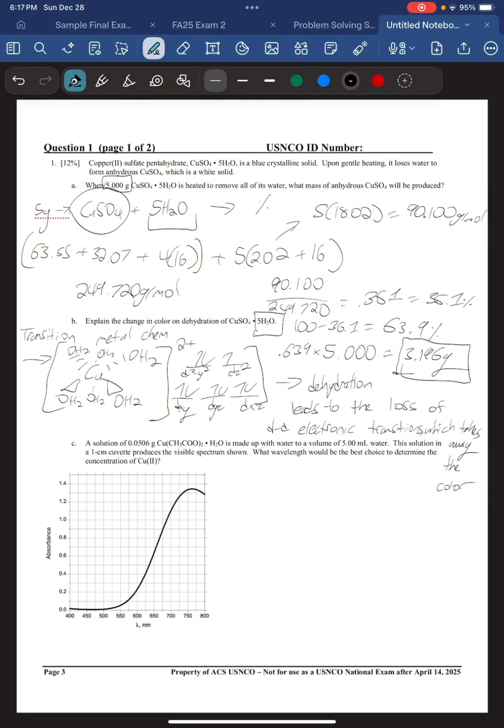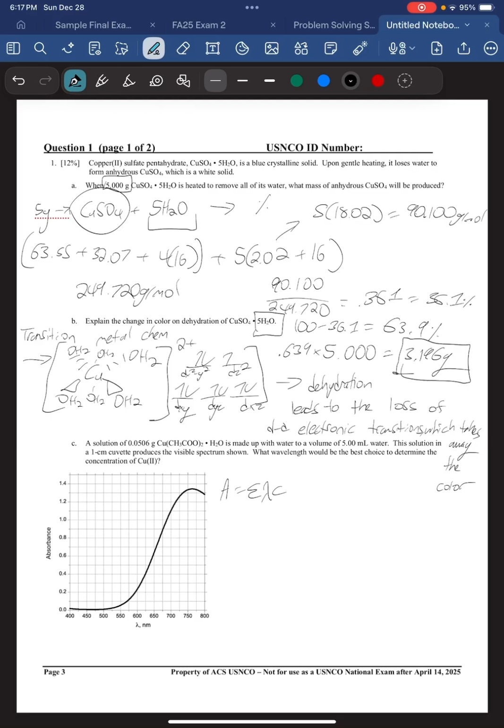So this goes back to our Beer-Lambert law that you might have learned in Gen Chem if you have taken general chemistry. So basically, we can say that the law states that our absorption is equal to our epsilon constant times our concentration times your cuvette length, basically.